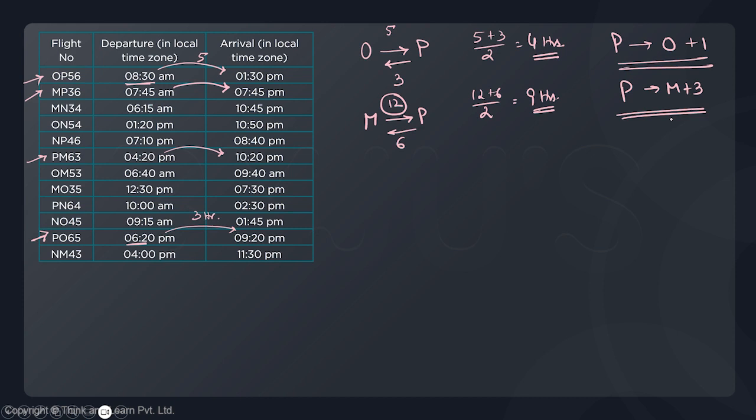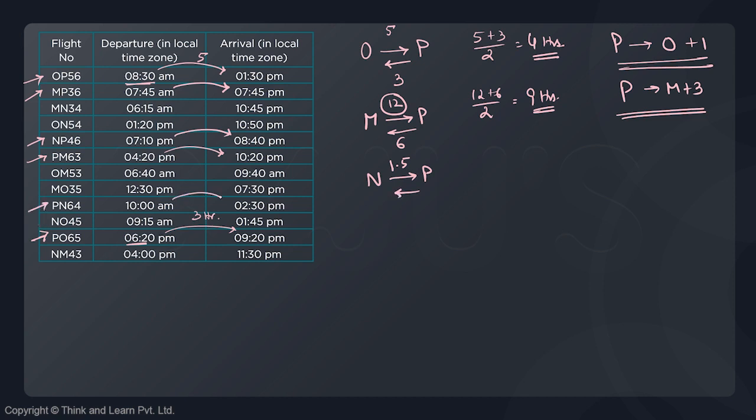Now, because we have already got two relations, between P and O and P and M, let's find the third relation as well, between P and the third city, N. So look at this now, N to P. A flight going from N to P, how much time is it taking? 7:10 to 8:40, it is taking 1.5 hours. But while coming back, how much time is it taking, P to N?